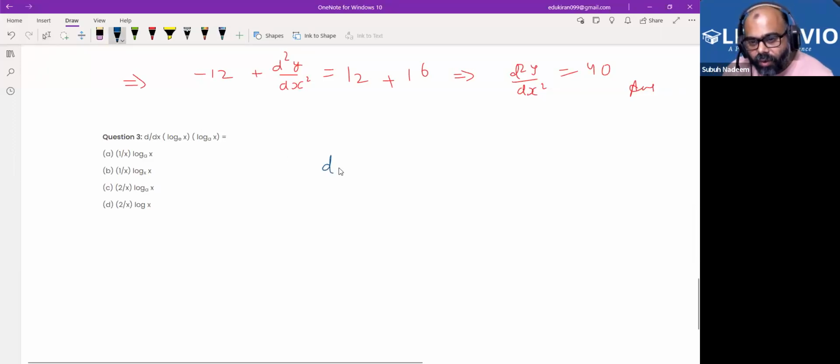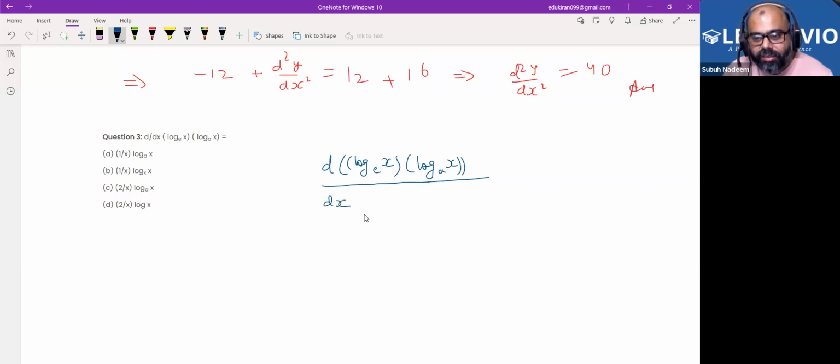This is the derivative of log of x to the base e into log of x to the base a with respect to x. Just try this, then we will discuss.